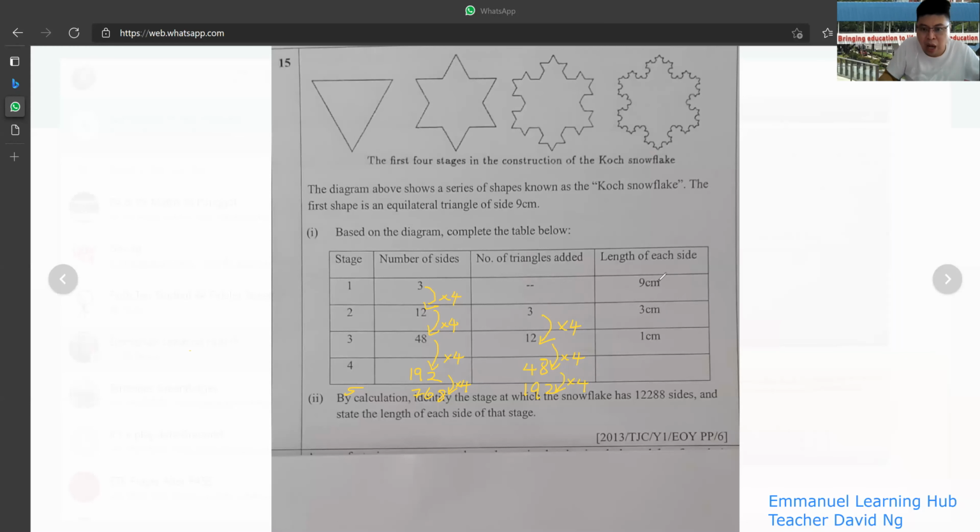Then here you have 9, 3, 1. They divide by 3. So 1 divided by 3 is 1/3. 1/3 divided by 3 again is 1/9. Okay, so we generate one more row of data.